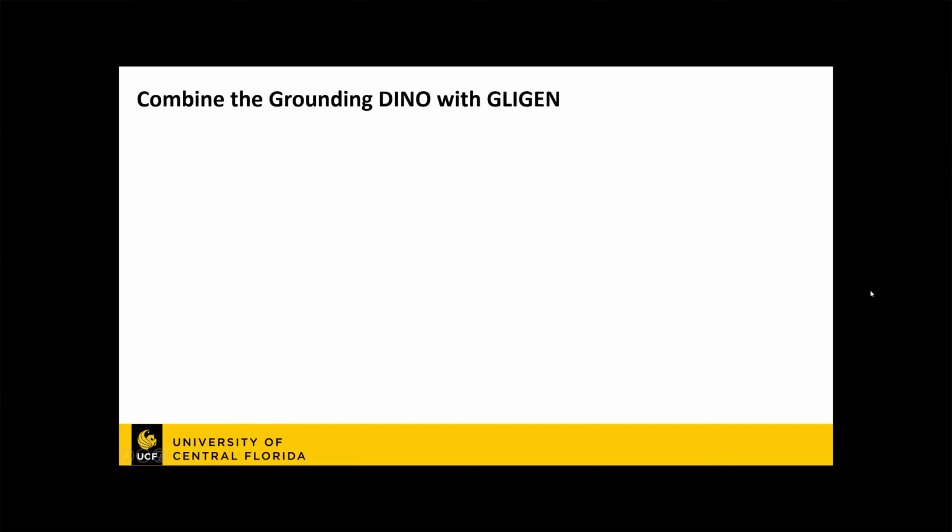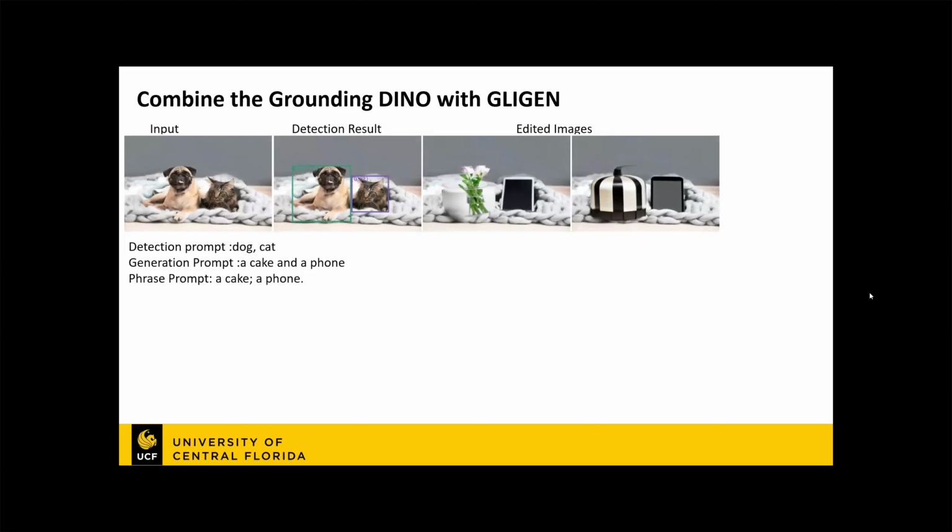And next, they try to combine grounding DINO with GLIGEN. Similar in concept to stable diffusion, except it also has the added bonus of having a phrase prompt. So rather than just having the detection and the generation, you can also use the phrase prompt to input phrases for each of the boxes.